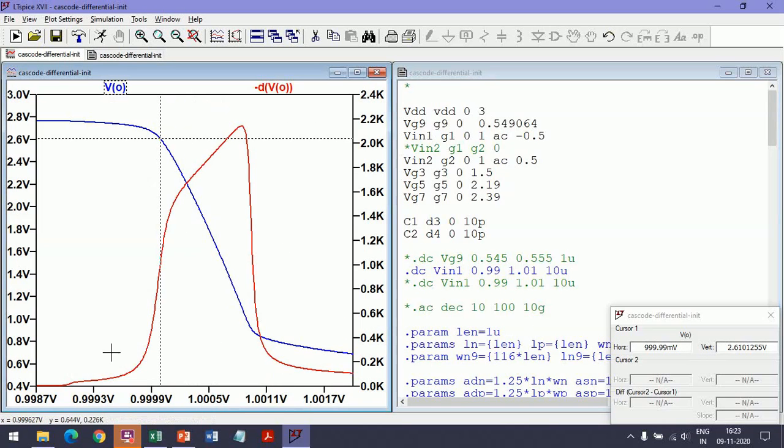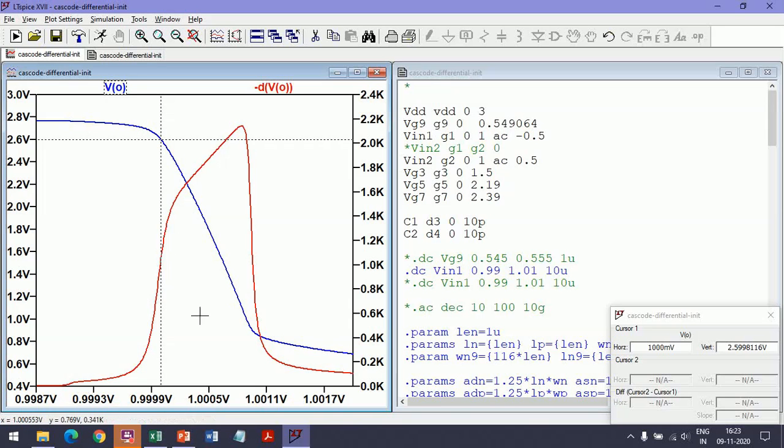I am varying the input voltage from 0.99 to 1.01, a very small range. Why? Because this voltage gain is very high, so the output changes from high to low over a very small range of the input voltage.